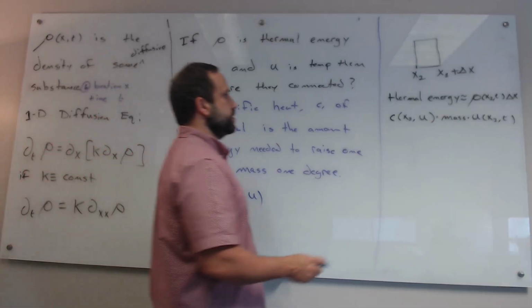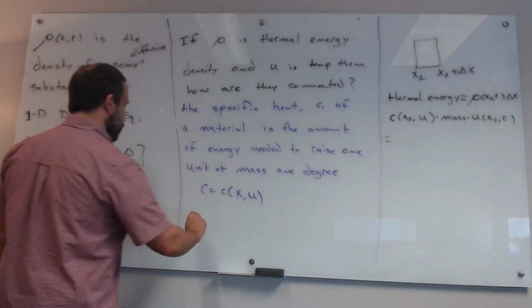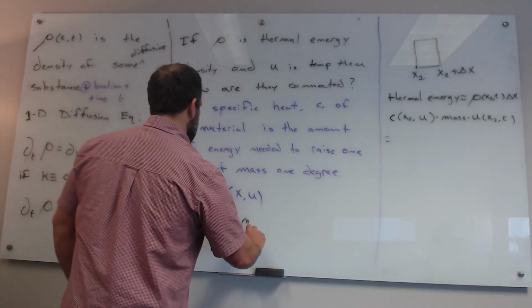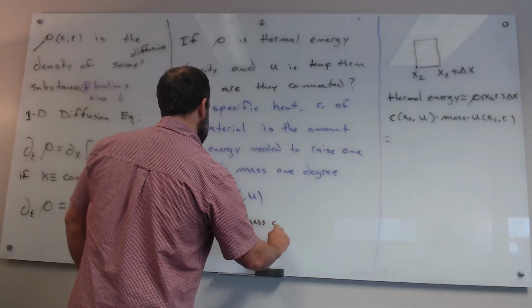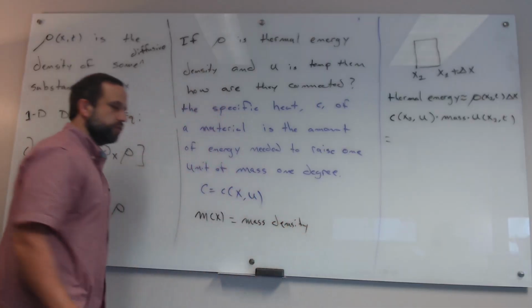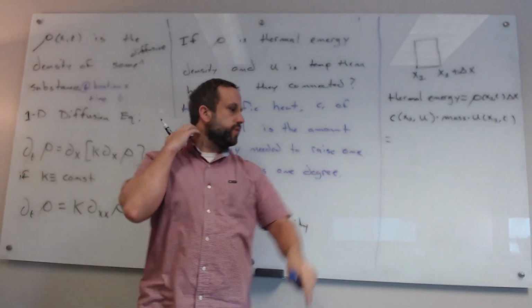Now we're going to introduce the mass density function. So m of x is the mass density function, so the mass of the rod going from x1 to x2 is the integral of m.